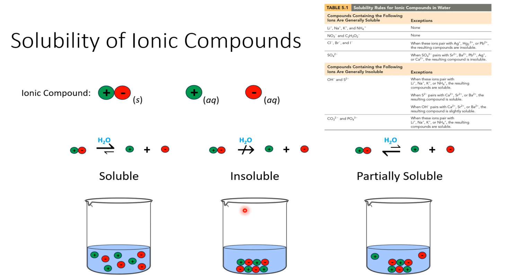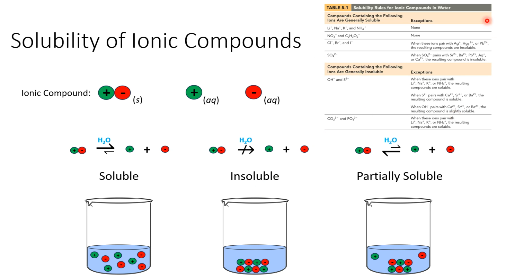You also learned that ionic compounds could be insoluble, meaning that if you put an ionic compound in water, the plus and the minus, the metal and the nonmetal, are not going to want to separate from each other, and they're just going to want to stick around in solution and not break up into their ions. This is something that's called insoluble. So you've learned all about this, and how you knew whether an ionic compound was soluble or insoluble.